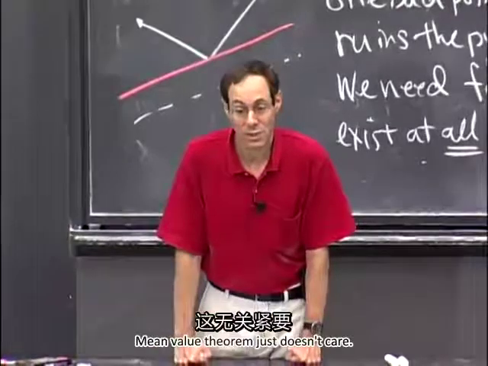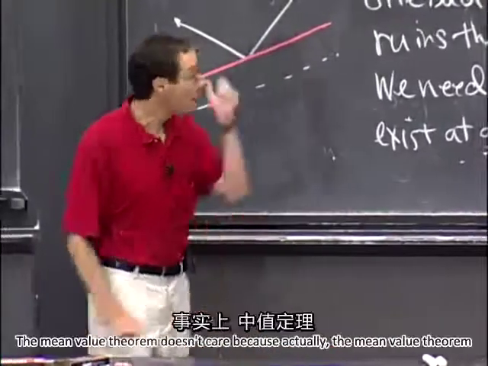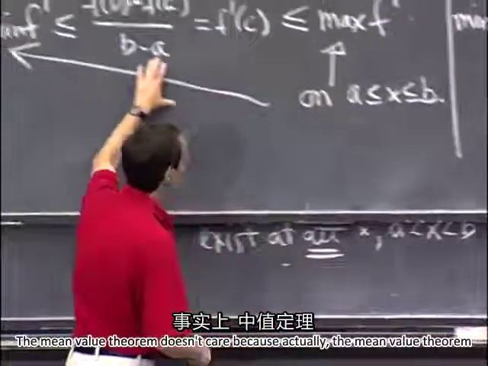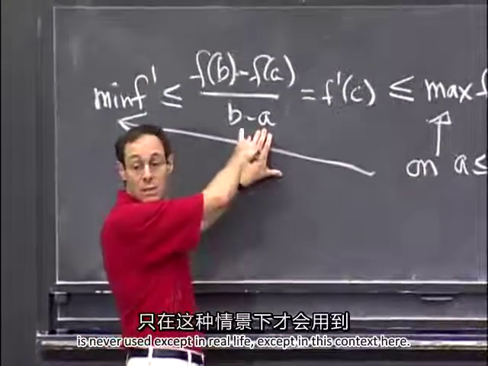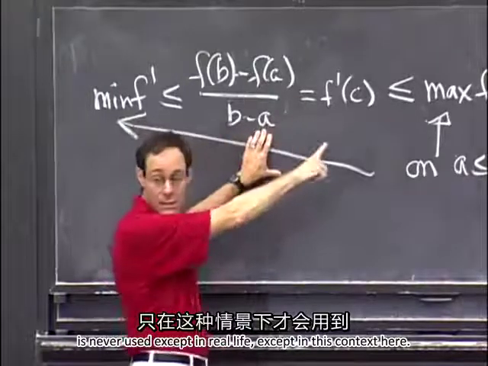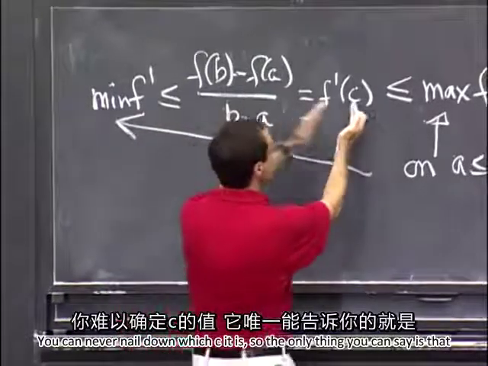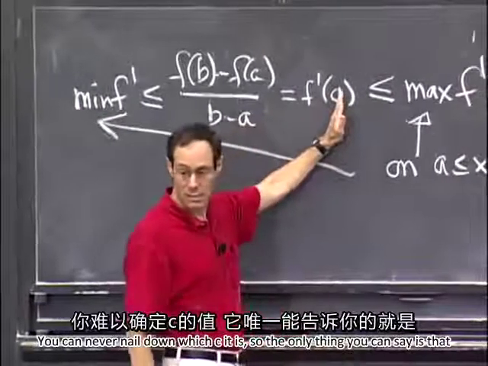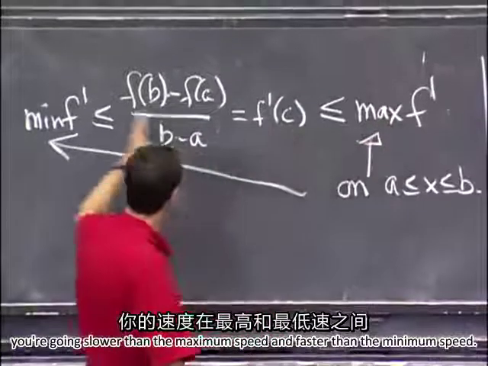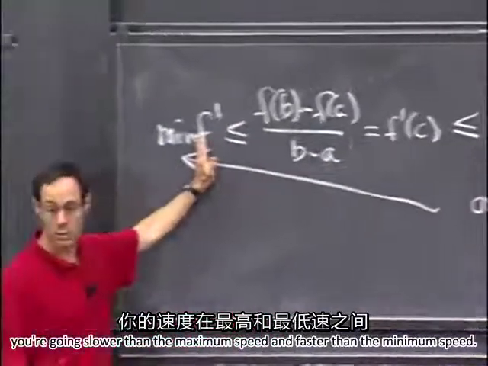The mean value theorem just doesn't care. The mean value theorem doesn't care because actually the mean value theorem is never used in real life, except in this context here. You can never nail down which c it is. So the only thing you can say is that you're going slower than the maximum speed and faster than the minimum speed.